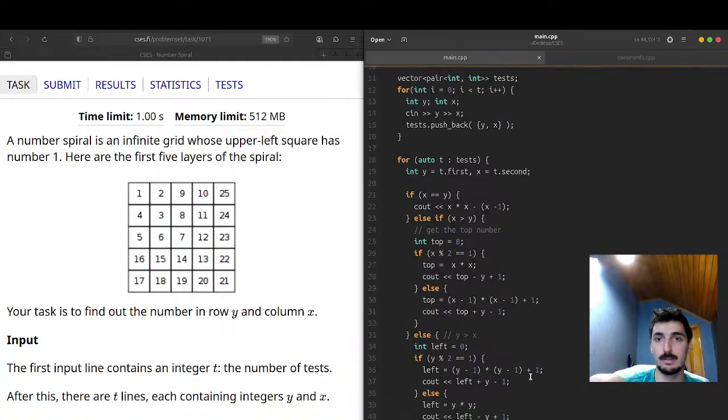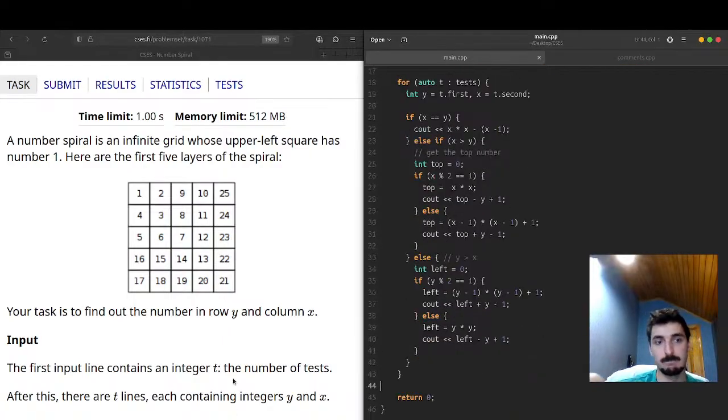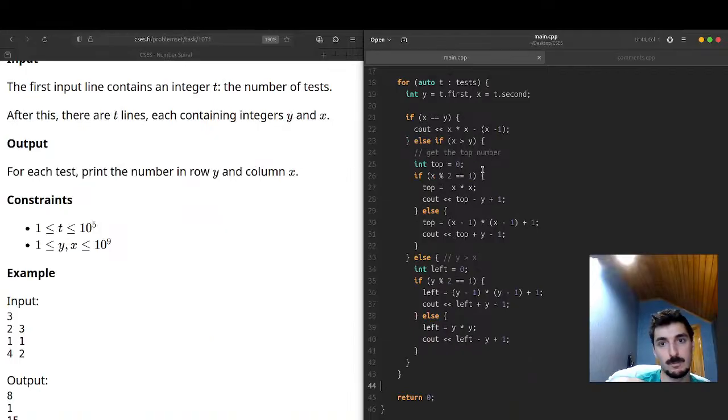But who the hell knows, to be honest. Oh, we also need endl at the end of every cout.